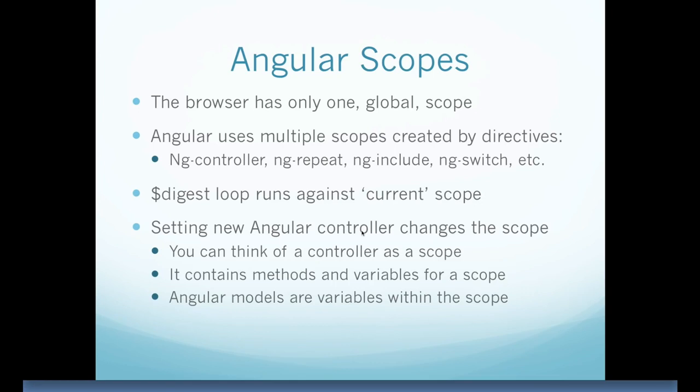And you can think of a controller as actually a scope. It contains methods and it contains variables that are active within that scope. If you change the controller, you have a different scope and you have different methods and different variables that are accessible from directives.